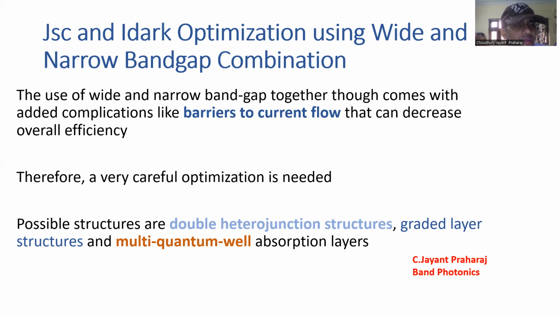So a brief word about the epitaxial growth procedures that can be used. For example, there is molecular beam epitaxy, there is metal organic chemical vapor deposition, and then there are some other kinds of epitaxial growth mechanisms as well. They are all to be considered while deciding which is the best to use for the specific solar cell structure that we are trying to build.